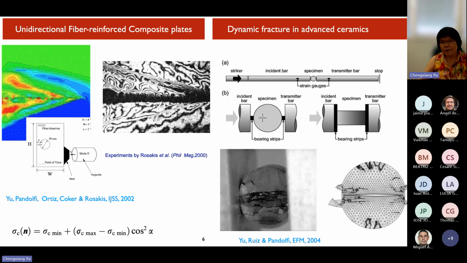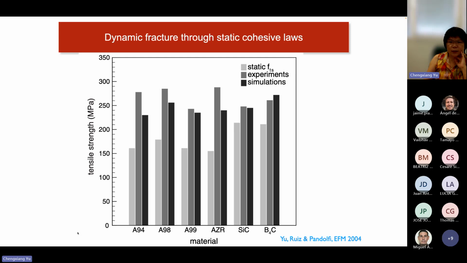On the right is the simulation of advanced ceramics. This is one of the figures showing how we can capture the dynamic strengths using static cohesive constitutive laws. This is due to the intrinsic time scale that the cohesive law has.